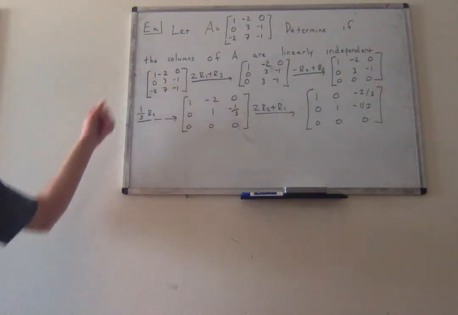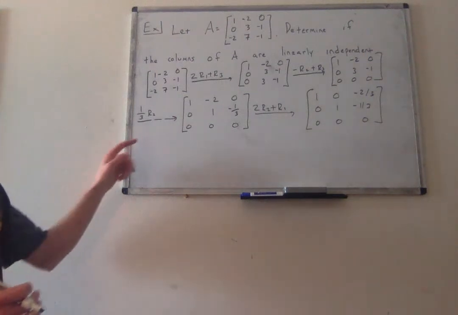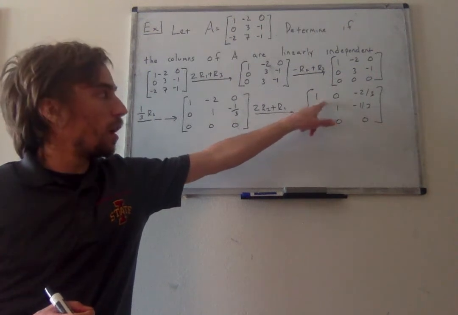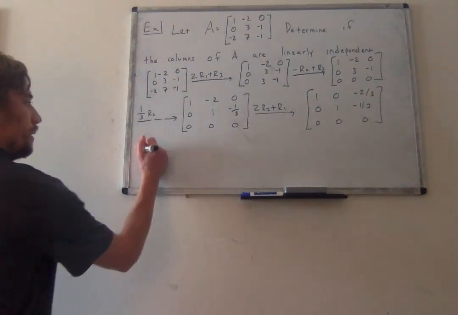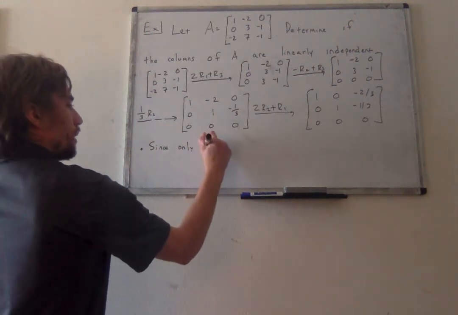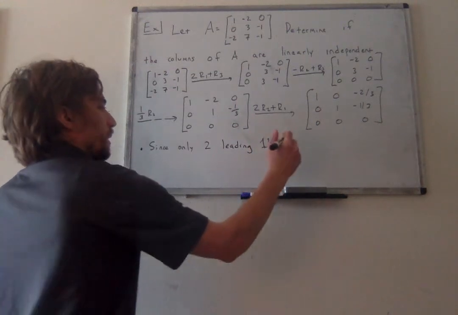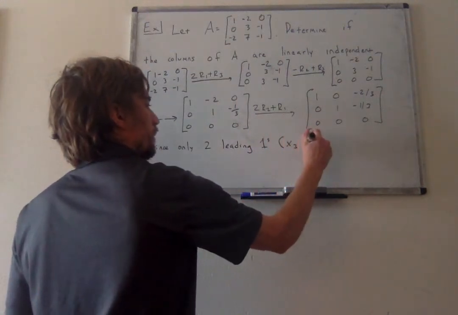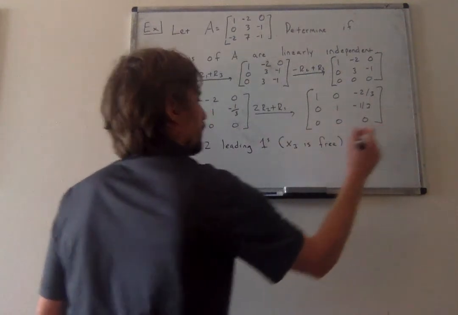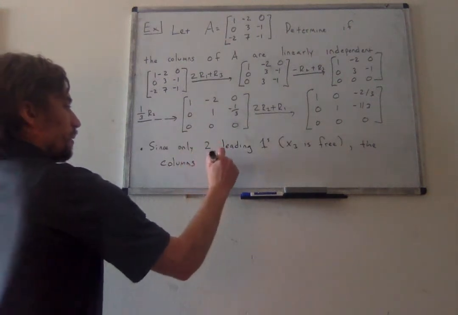And so notice here, after this row reducing, we get only 2 pivot variables, X1 and X2, and X3 is free. So since there are only 2 leading ones, that is X3 is free, the columns of A are not linearly independent.